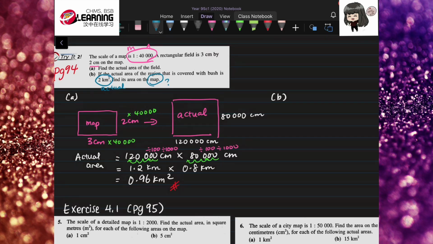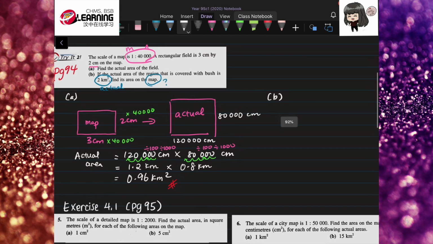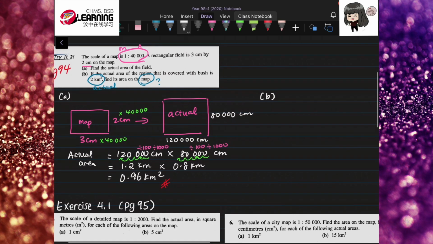So we need to know the ratio first, the ratio of area. The area on the map, we can see from the diagram that I drew just now, 3 times 2 is 6, so 6 centimeters square from map. And the area for the actual one is already found just now, 0.96 kilometers square.